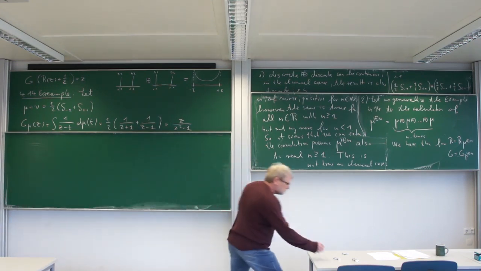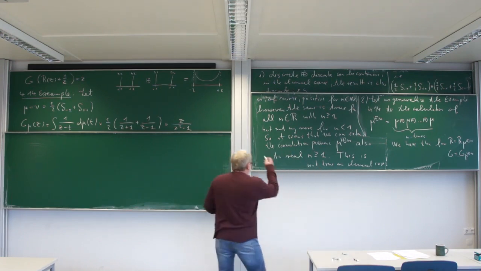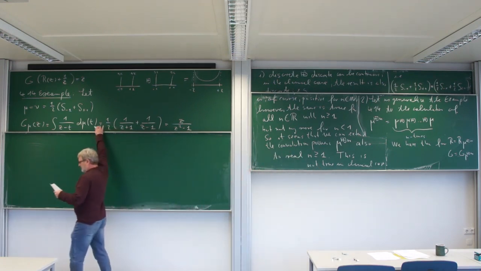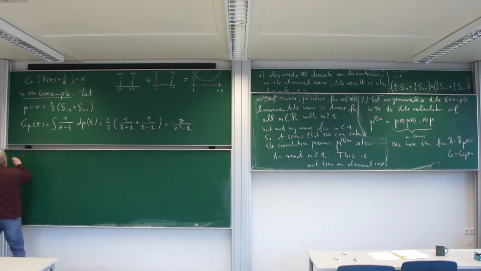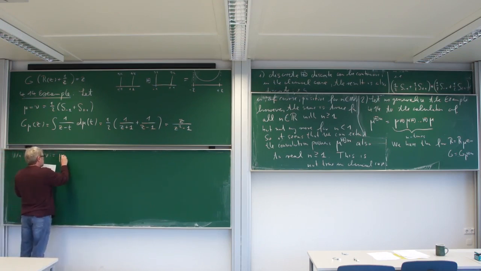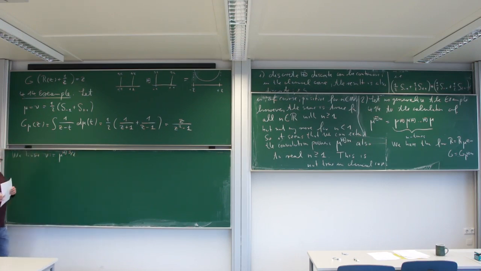So we are observing something which is mu to the power 3 over 2. So for each n which is bigger than 1, 3 over 2, that's something. And so what does it mean?